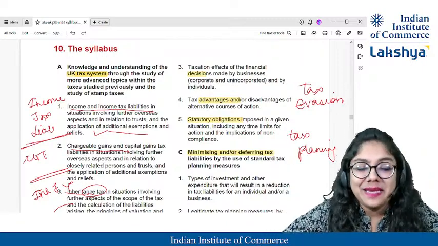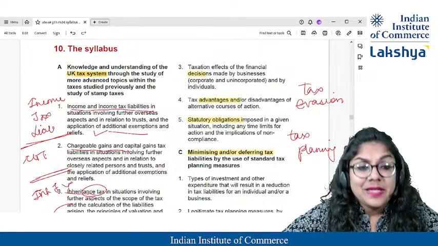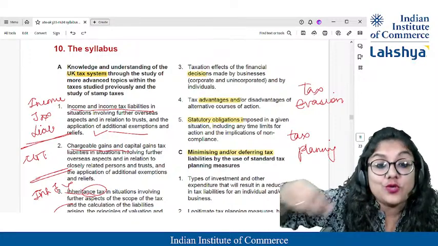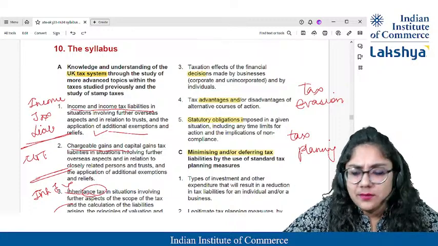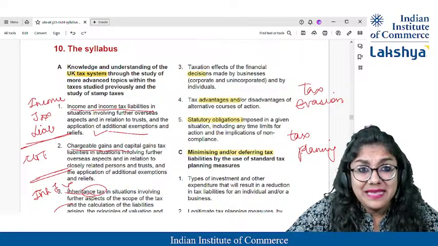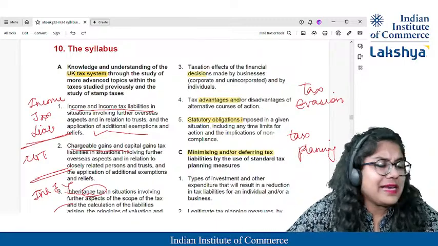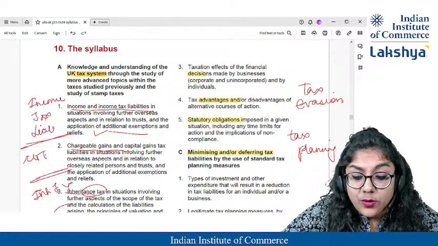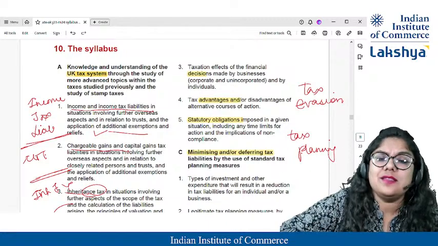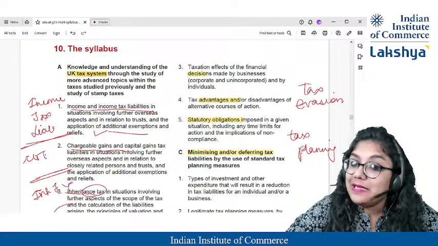Tax planning is something which the government has told you: if you want to save tax, please invest in so and so funds. Because people, whatever they earn, if they pay taxes, then their living standard and livelihood will not be very good. So they have given you certain exemptions: if you invest in so and so funds, that part of the income will not be taxable.